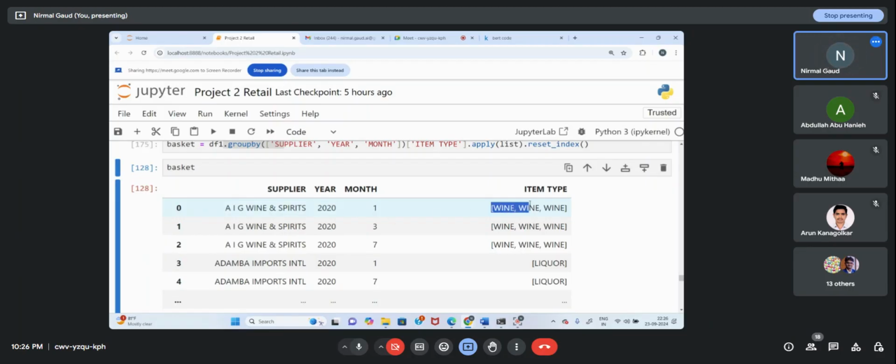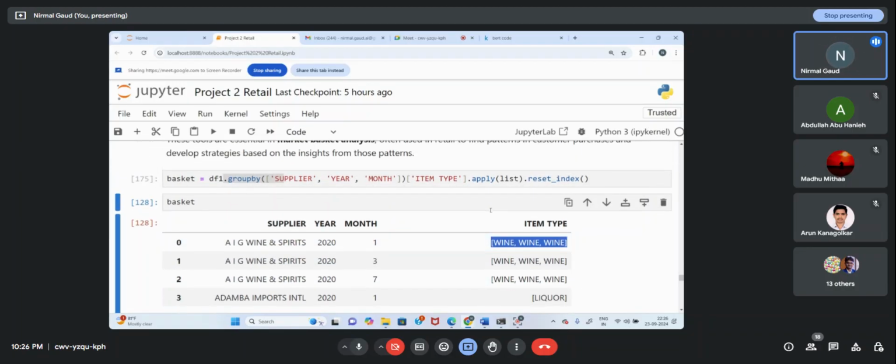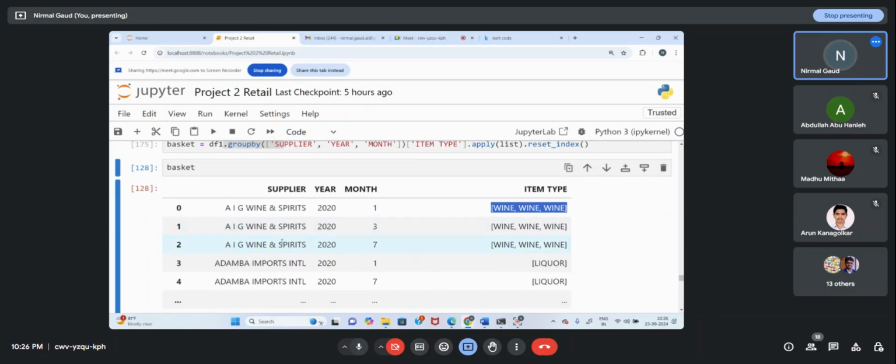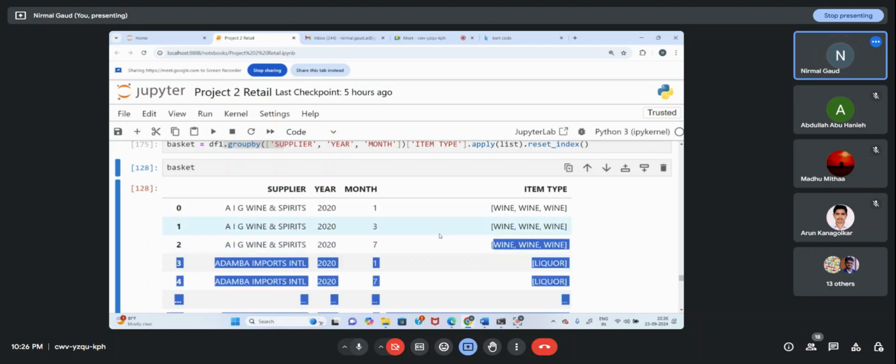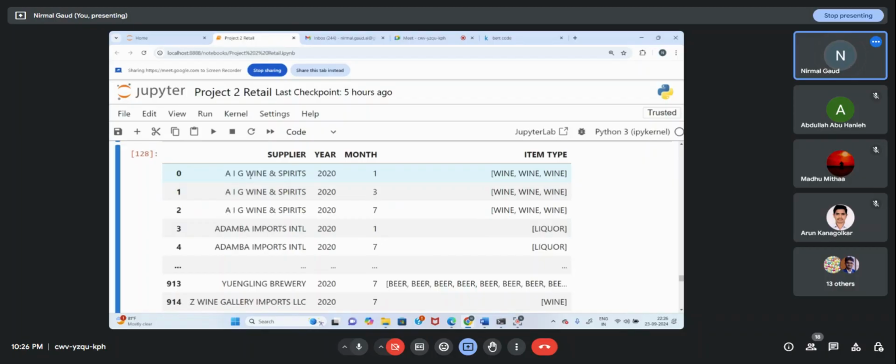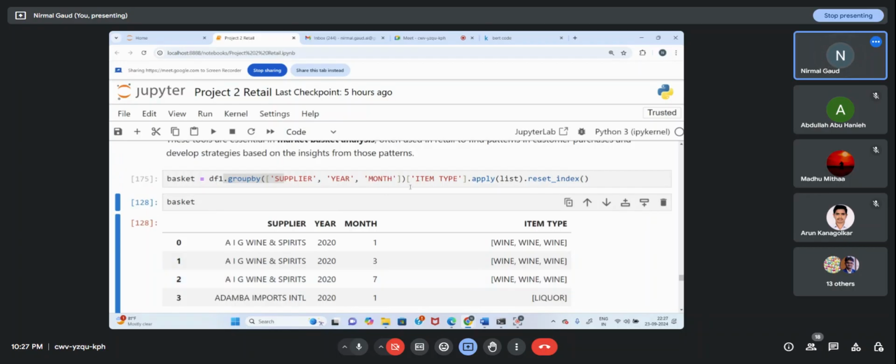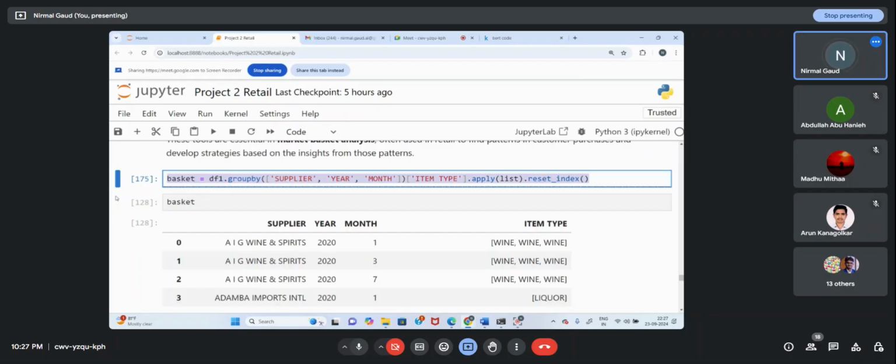These are the items, the list of items which are sold by this supplier. Then in month 3, it supplied again the same items, wine. Then in month 7, it again supplied the same wine three times. So I am having all the suppliers. Year is the same for every month. What they have supplied, how many entries are present in my data, correspondingly I have prepared a list of them. This I called basket group by.